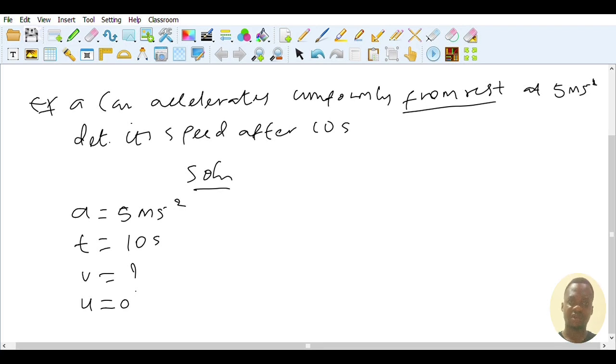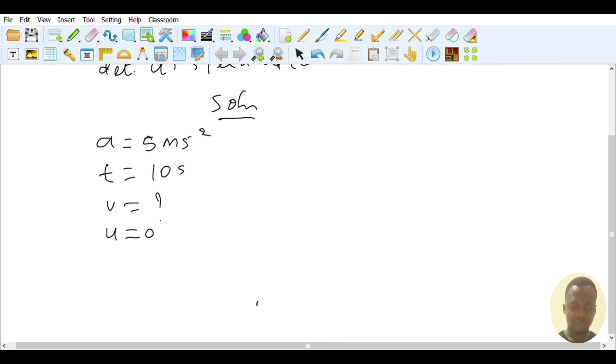The car was at rest, so it didn't have a velocity. U is 0, and then it accelerated. Acceleration is change in velocity, so the velocity increased from an initial value of 0 to a final value, which is what we're asked to calculate.